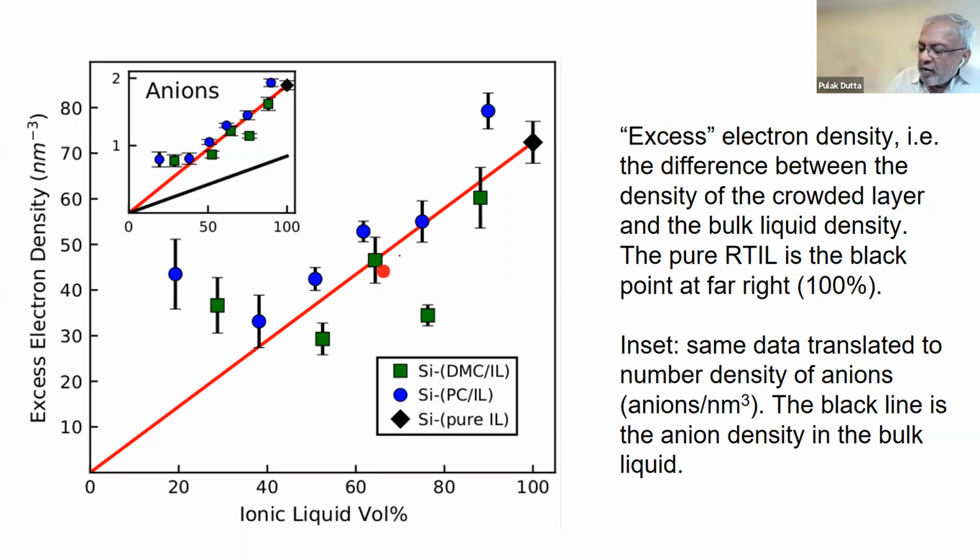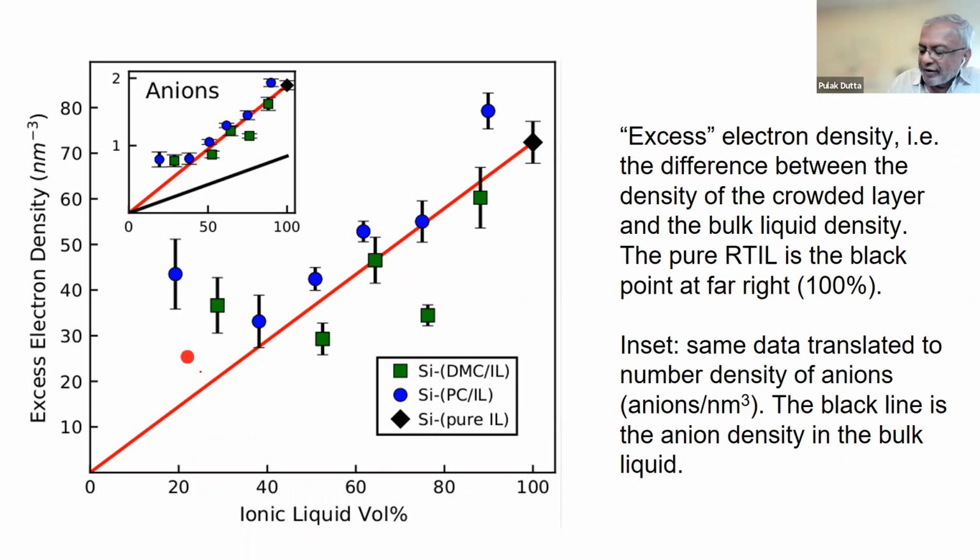It's just how much the electron density of that crowded layer, the layer near the interface, exceeds the electron density of the bulk. So this here at 100% is the data you saw earlier, and it exceeds it by some amount. And as you dilute it, there's almost a linear relationship going to zero.